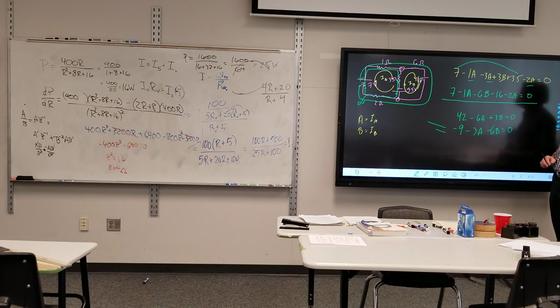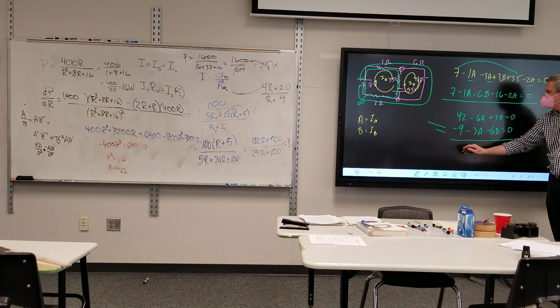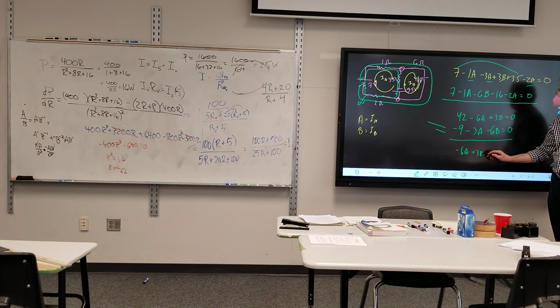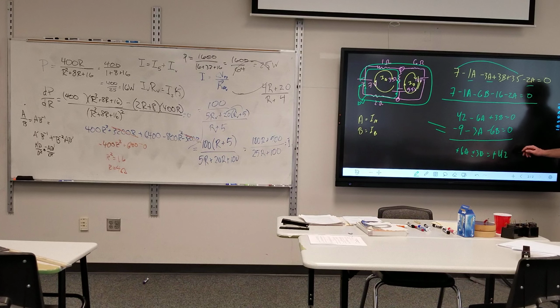So we move 42 over, right? -6A plus 3B equals -42, which would then mean that 6A minus 3B equals 42, if we switch the signs around. Then we could divide by 3 to get B by itself, and make B equal to something A. So 3B is equal to 6A minus 42.